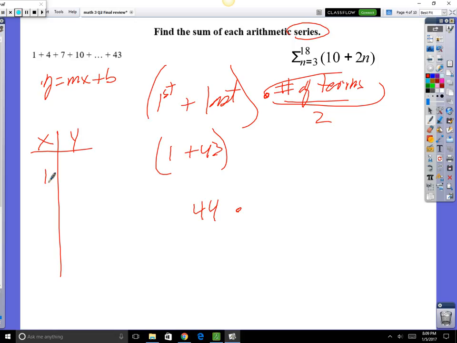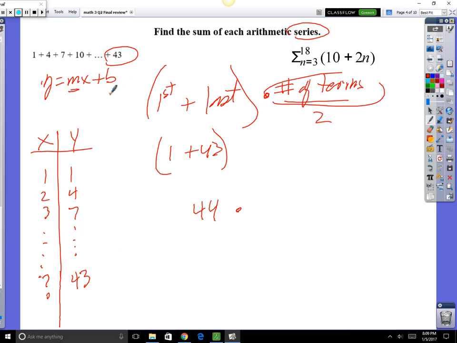So we know the first is 1, the second is 4, the third is 7. And what we don't know, the last one is 43, which this time happens to be a y. I want to know what its corresponding x is.